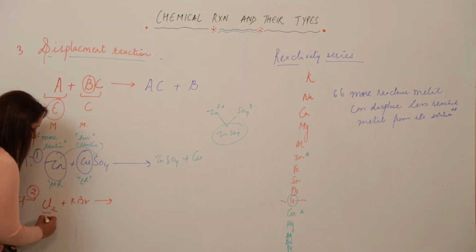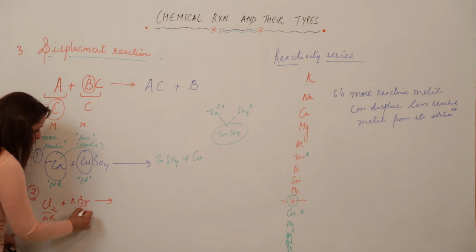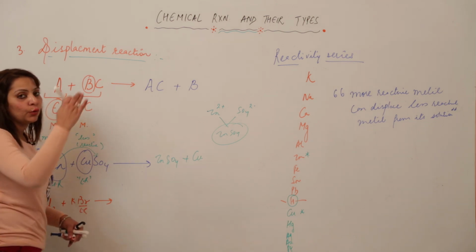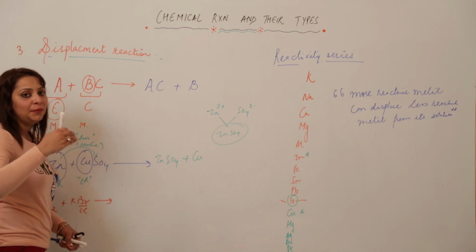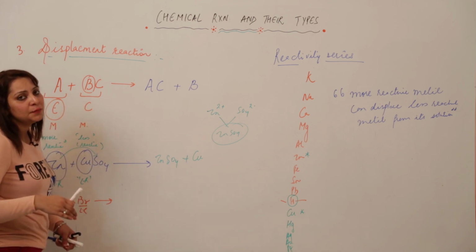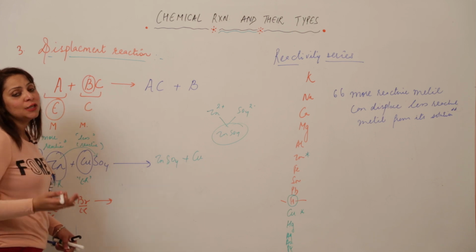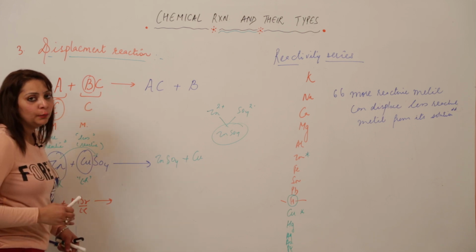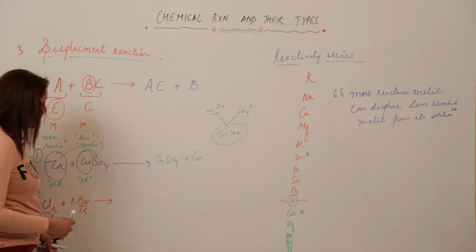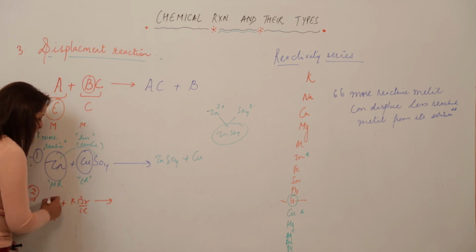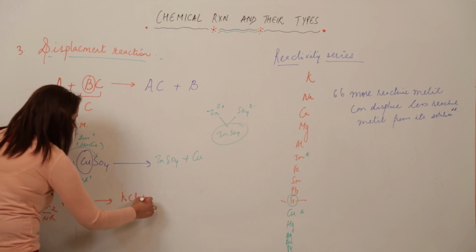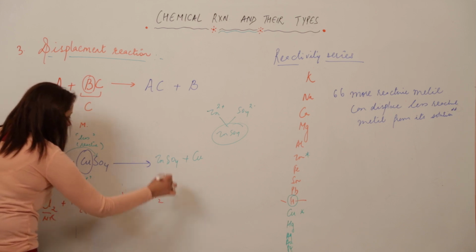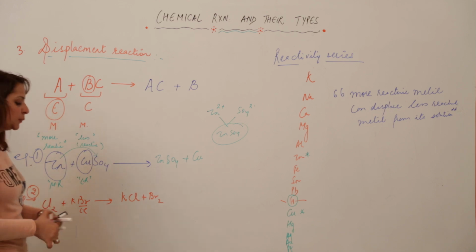Cl is more reactive as compared to bromine, as we know there is an order: fluorine, chlorine, bromine and iodine. So chlorine comes above and bromine comes lower, meaning chlorine is more electronegative as compared to bromine. So it can easily displace bromine, and the reaction that takes place is that it displaces Br and forms this. So this is a kind of displacement reaction.